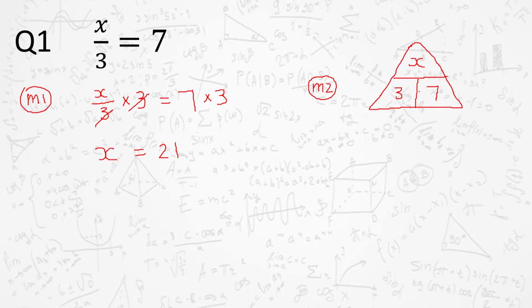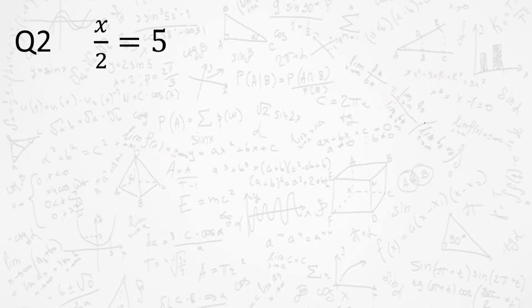The 3 and 7 remain on the same level, so they are in multiplication. So x equals 3 times 7. The main goal is whatever I'm looking for, I look for the other two numbers. So x on the top, the other two numbers on the bottom. So x equals 3 times 7. So that's our question 1.